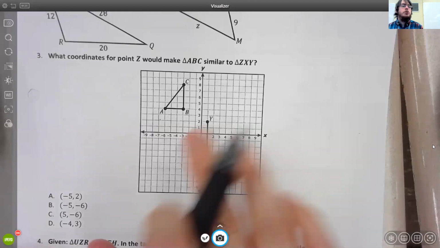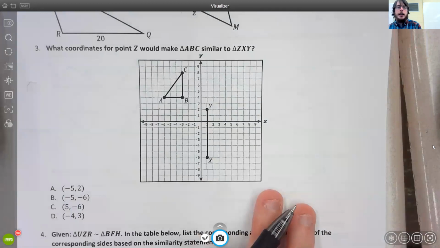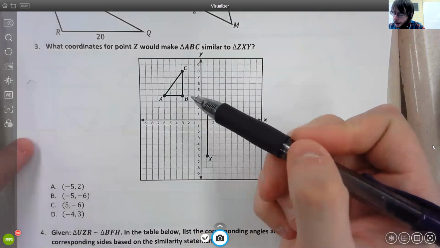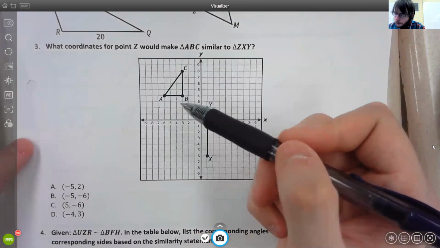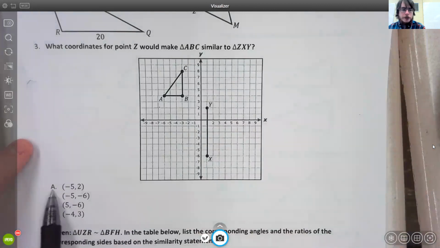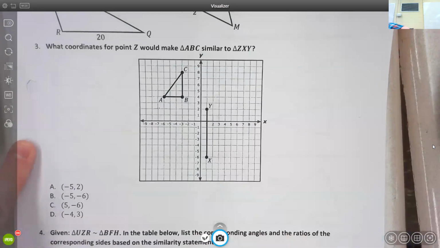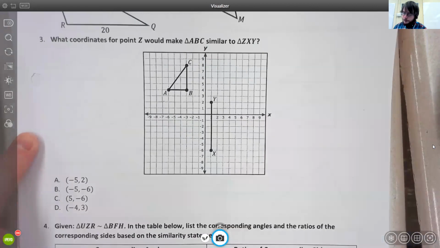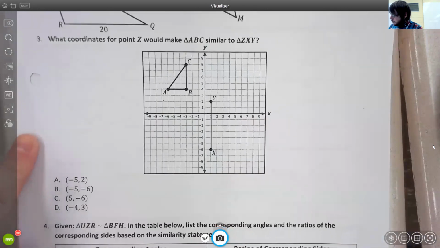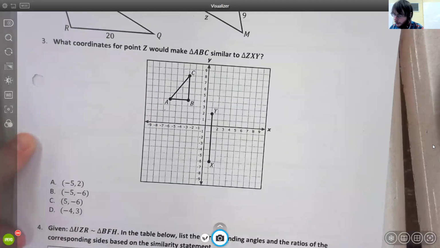So on number 3, it says, what coordinates for point Z would make triangle ABC similar to triangle ZXY? Now, when we do this, we are looking to plot our points first. So I'm going to use a few different colors here to better differentiate the points. The first one we're going to put in our standard color here.